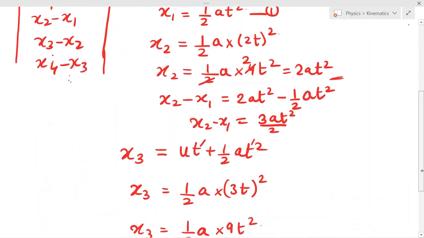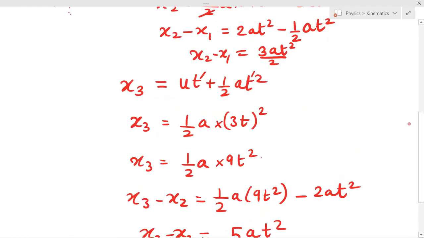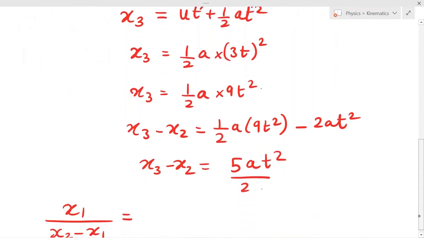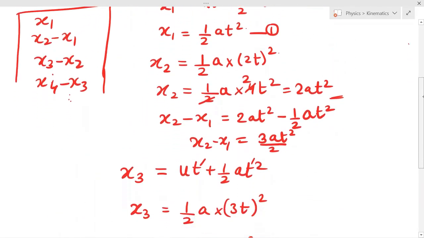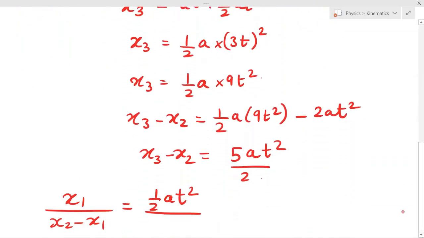So what will be the ratio? x1 divided by x2 minus x1. x1 is half at square divided by x2 minus x1, that is 3 by 2 at square. So these two get cancelled, this at square gets cancelled, so this is 1 by 3.